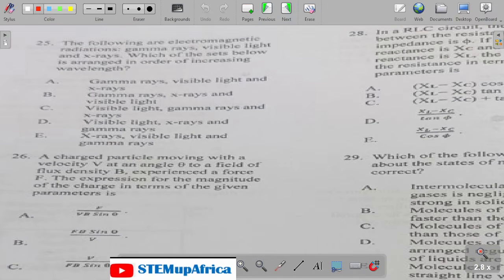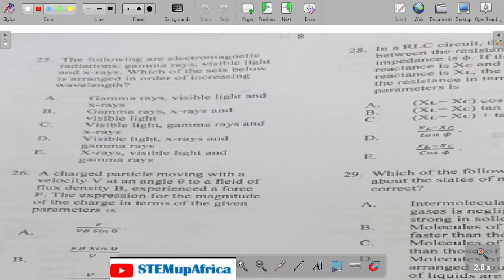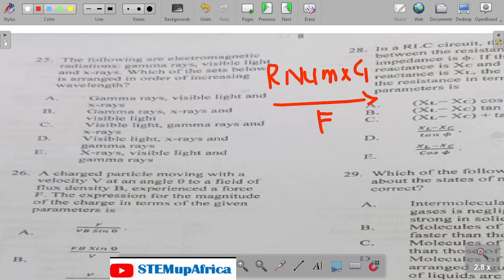Say the following are electromagnetic radiation: gamma, visible, and X-ray. Which of the following is arranged in order of increasing wavelength? So we have the example options. This side is increasing frequency, this side is increasing wavelength.